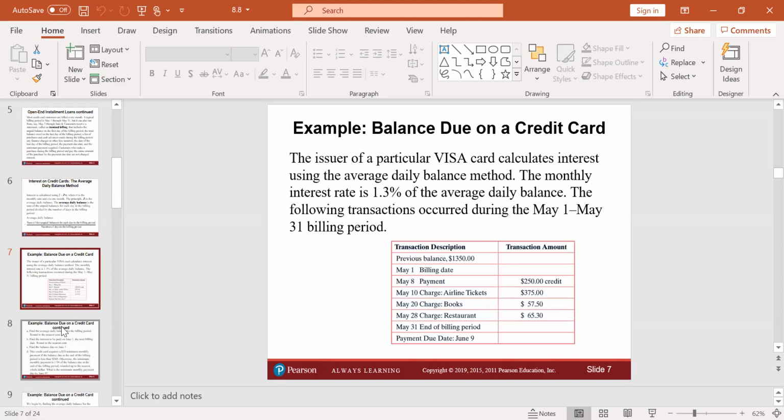So we can look at a specific example. Let's say that you have a Visa card. A credit card is just a high interest loan. That's all credit is, or at least for a credit card. They want to get you in there. They want to say, yeah, you can come buy that $3,000 thing, and if you don't pay it off quickly enough, you could end up paying a ton in interest.